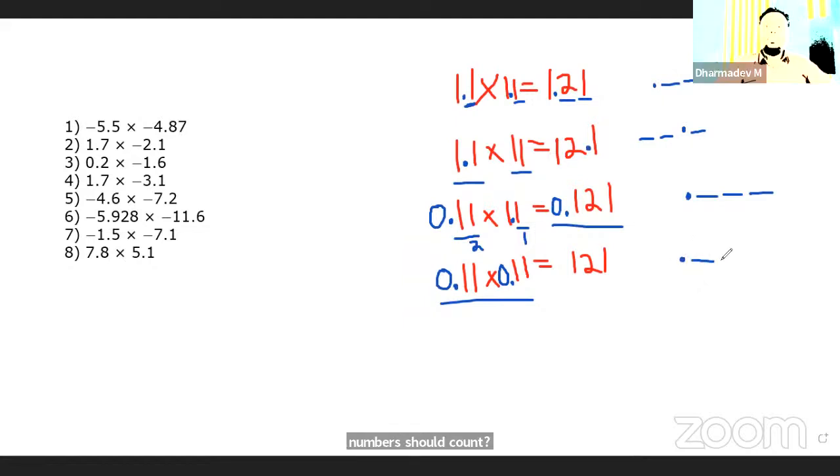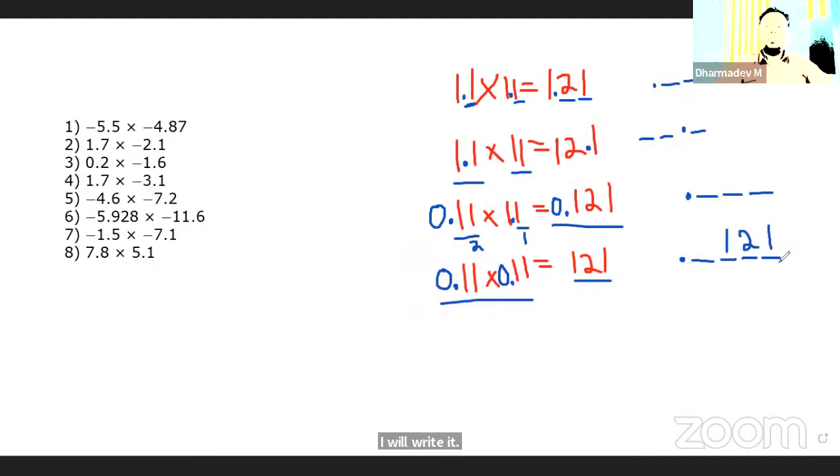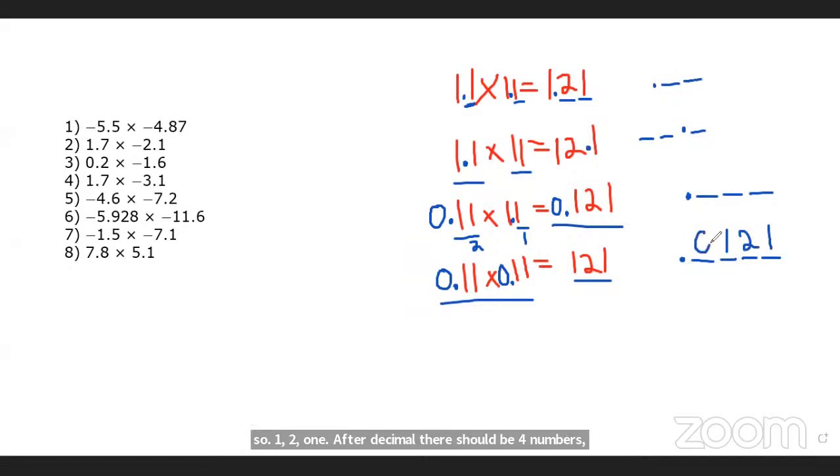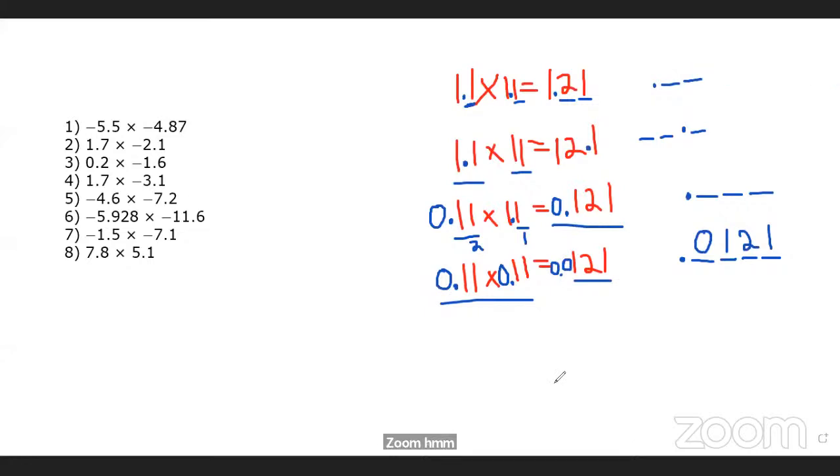Good. Yes, it's 4. Now I have only 3 numbers. From the last, I will write it. So 1, 2, 1. After the decimal, there should be 4 numbers, but I have only 3. Then what will I do here? I'll write a 0. So my answer is 0.0121. Are you clear with the concept? Yes, sir. Okay. Any doubts?